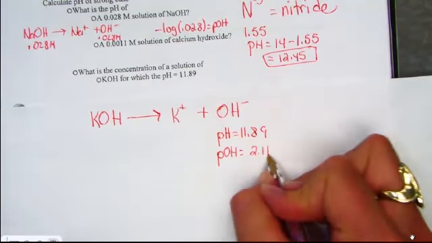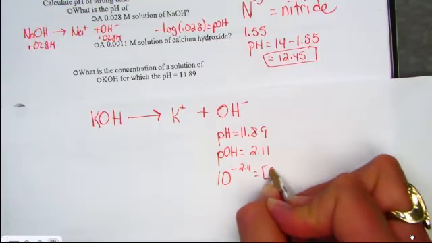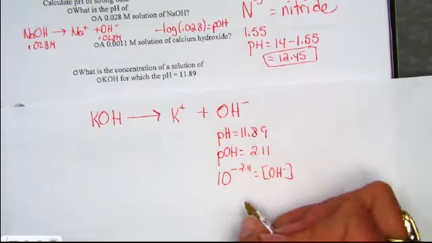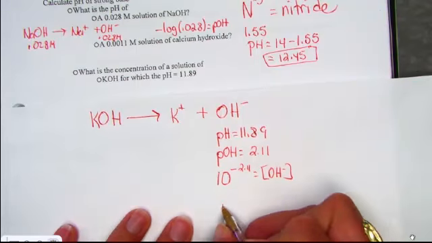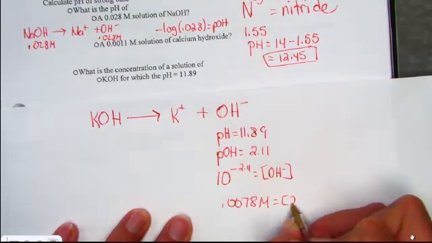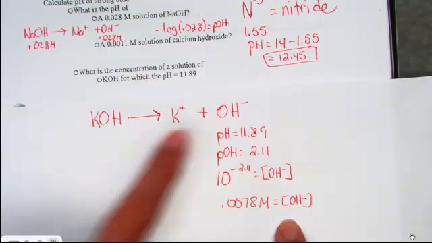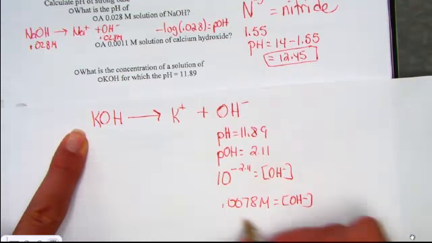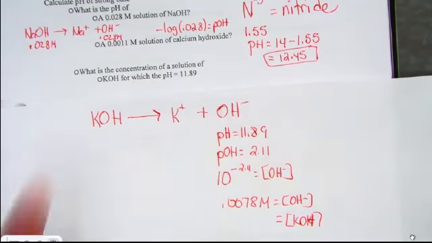Thank you. 10 raised to the negative 2.11 will give us hydroxide's value. Anthony, would you hit that for me? Thank you. Yep, I'll just round a smidgen. Stoichiometry says for every one base ion, we have the same value for KOH, so it also equals the concentration of our base, potassium hydroxide.